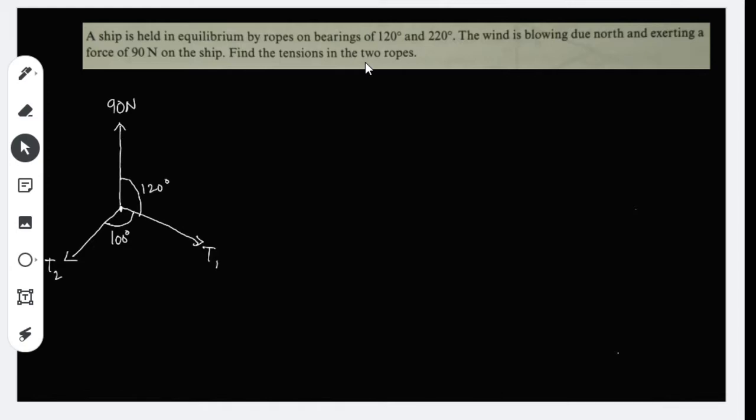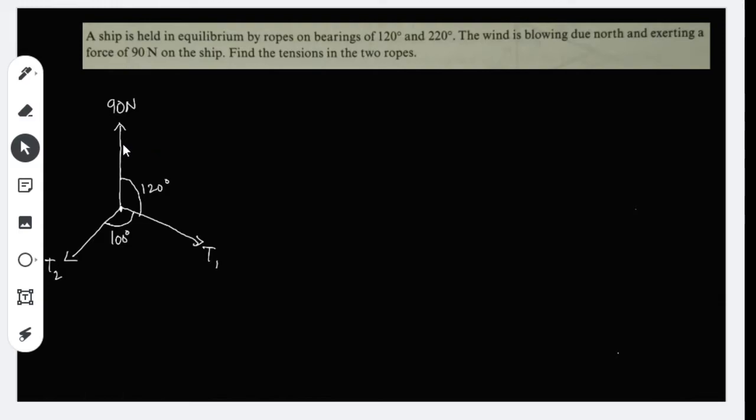In this problem, we can make use of Lami's theorem since there are two angles given. The first angle is opposite the 19 Newton, and the second angle is opposite the T sub 2.